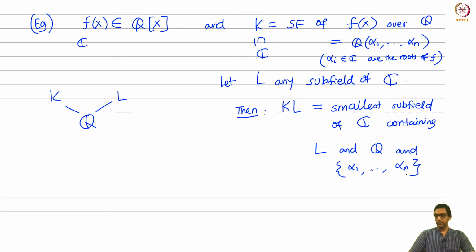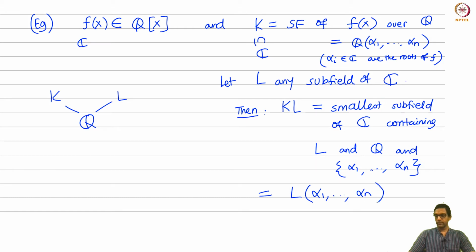So if you take the smallest subfield which contains all three sets, L, Q and the set of roots, then that's exactly KL, just by definition. Of course any field contains Q necessarily. So this is nothing but the smallest subfield of C which contains L and the n roots of this polynomial.